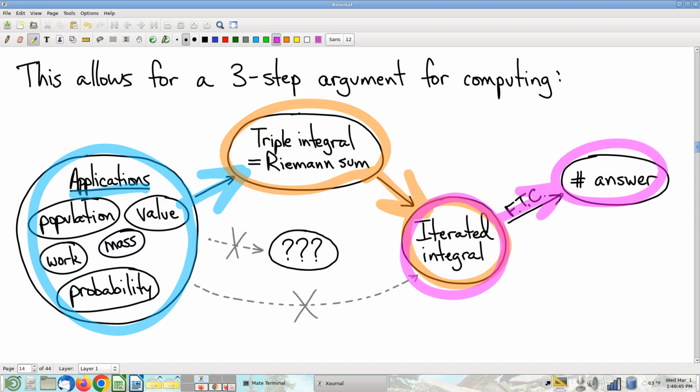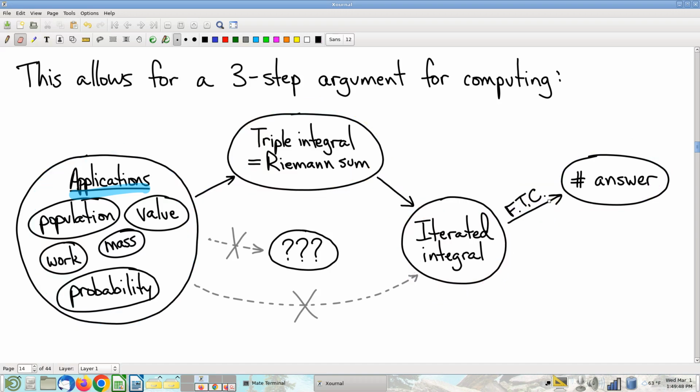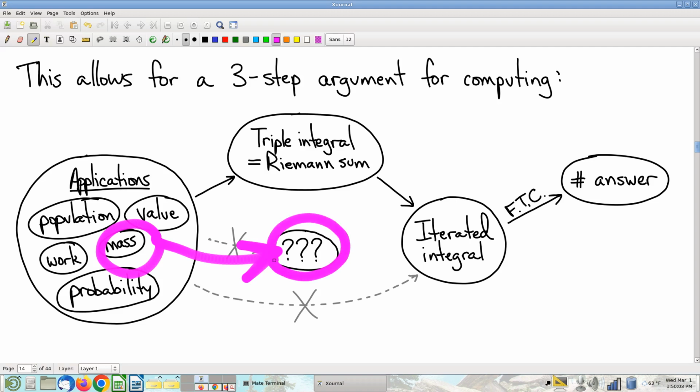Okay. Now, what you can't do, and again, I want to emphasize what is not a reasonable argument, the analogy is perfect with double integrals. You can't argue, for example, that mass is some geometric quantity related to the graph of your integrand, for a couple of reasons.